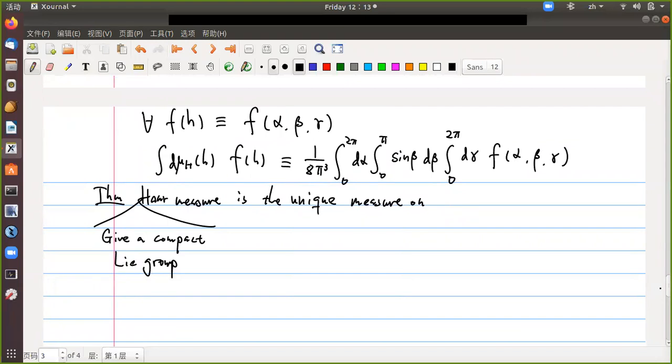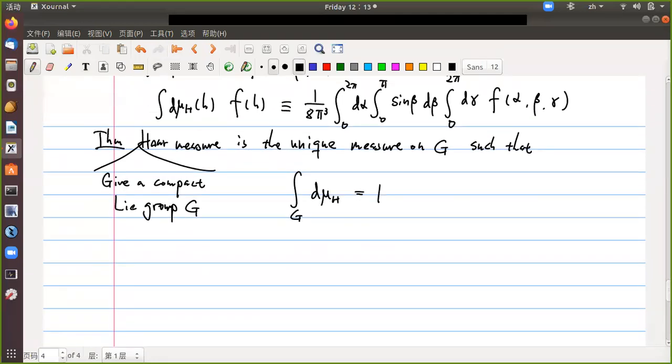On any compact Lie group, which we call G, there's a unique measure such that, firstly, you have normalization: because the group is compact, you can normalize your integration so that the volume of the group is just 1.